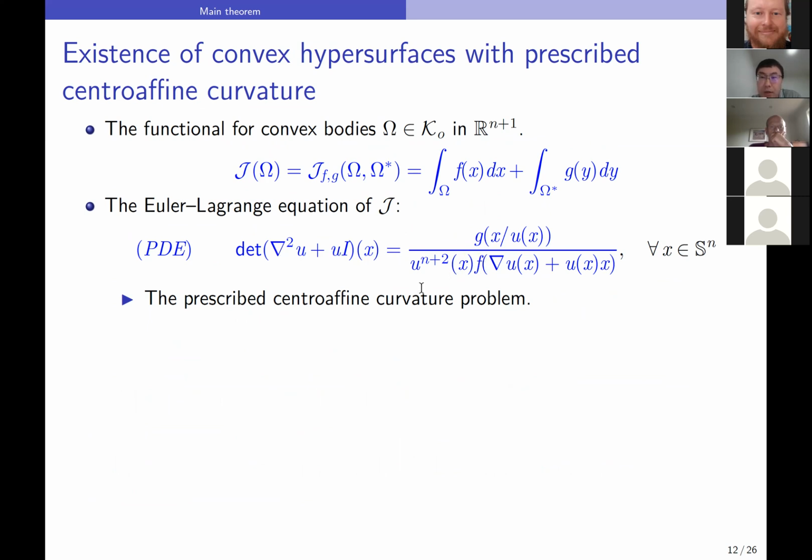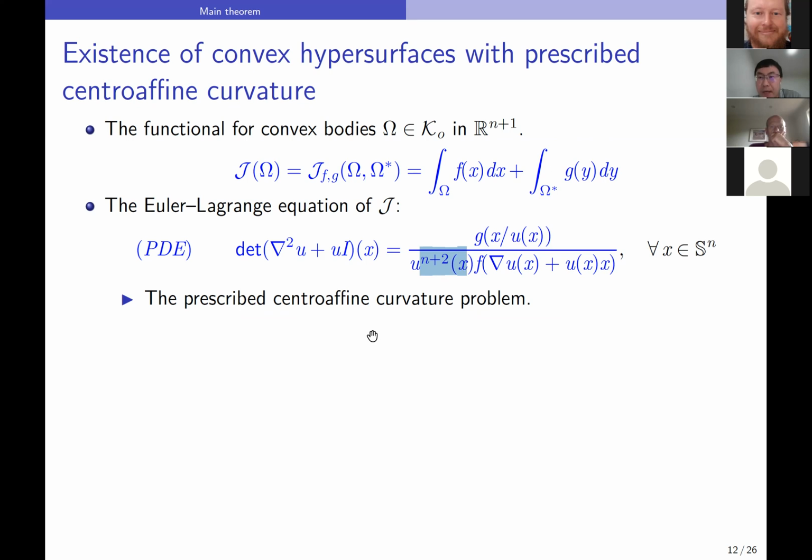We also call this problem the prescribed centro-affine curvature problem, because if we move the term u to the n plus 2 to the left-hand side, then the left-hand side becomes 1 over the centro-affine curvature, and the right-hand side is given by the function g over f. So this is also the prescribed centro-affine curvature problem. Here f and g can be any functions.